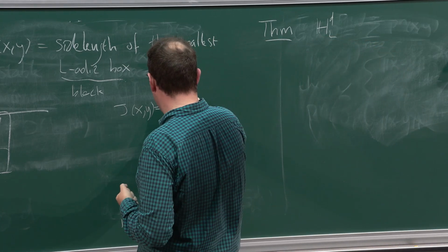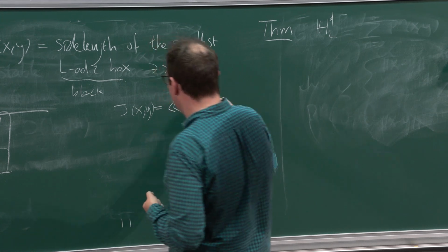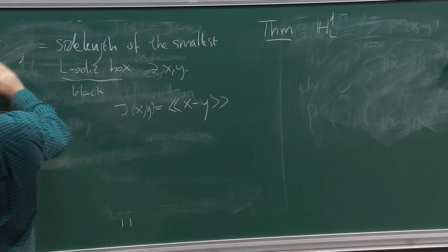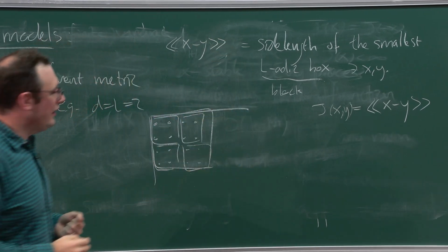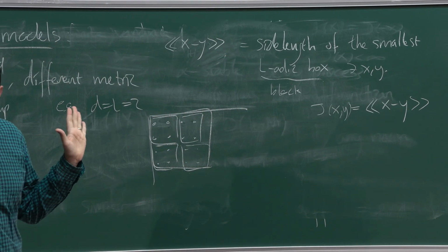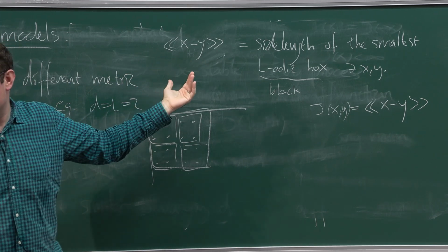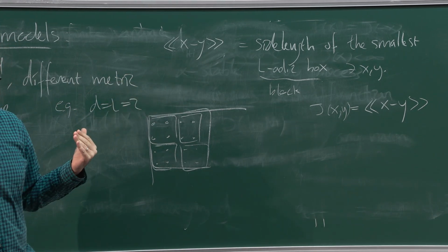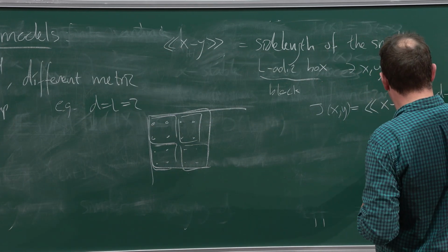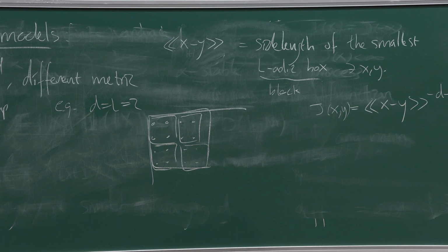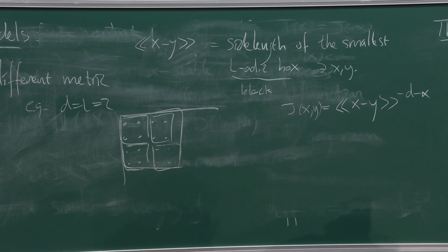And we'll set this to be, I'm going to write the hierarchical distance like a norm. Of course it's not a norm, it doesn't really depend on the difference between x and y, but just to make the notation look similar to the Euclidean case. So this is hierarchical.